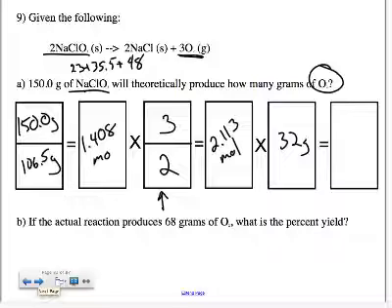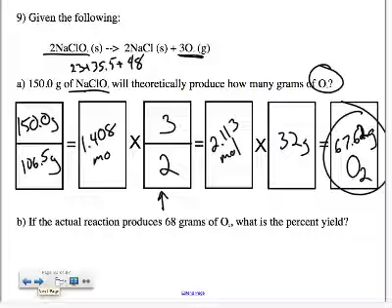It's 2 oxygens, 16 each. So 2.113 times 32 is 67.62, rounding it off, grams of O2. That's how much I should get theoretically.